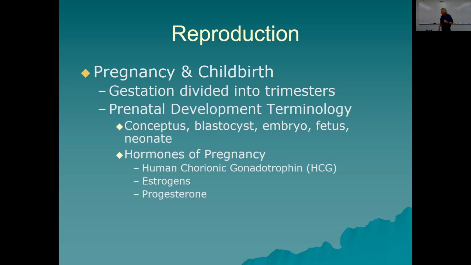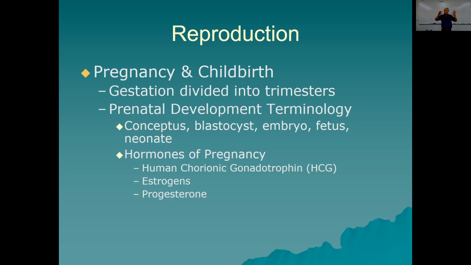So gestation is divided into trimesters, 3 trimesters, 9 months. Prenatal development terminology: conceptus is the same thing as a zygote. A zygote becomes, remember, a morula. The morula becomes a blastocyst.